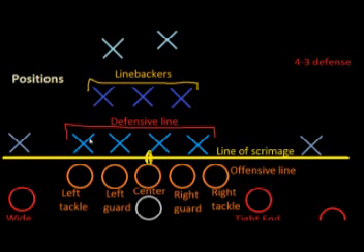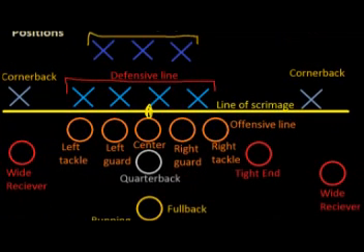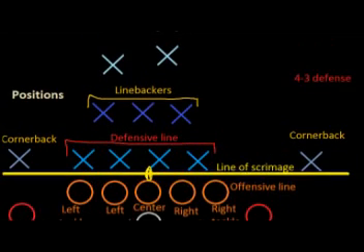So this is where you get the 4-3, and then on both sides, usually defending our wide receivers here, we have the cornerbacks. He's a cornerback, and this guy opposite him is also a cornerback, not to be confused with a quarterback. These are cornerbacks.